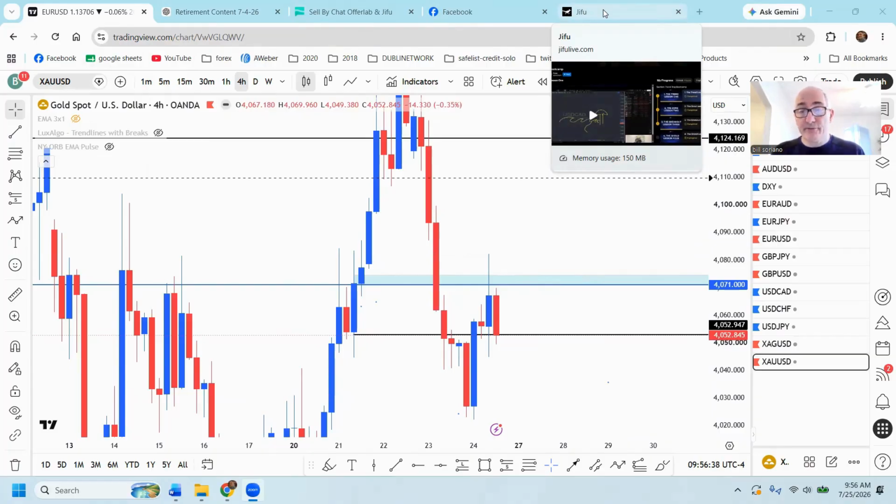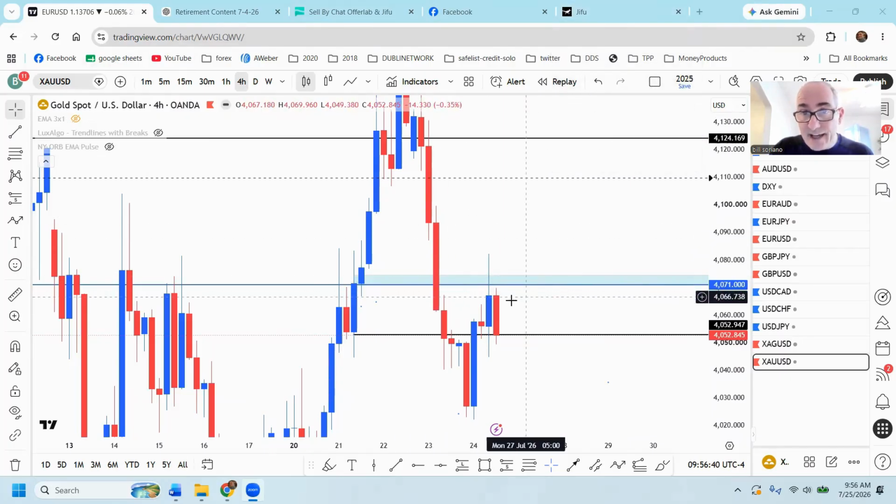If we happen to get that move up here in that break of structure, and we get a change from bearish to bullish in gold, I'll probably do a shorter video, because I'll just be going over the pairs that the trend has changed on.